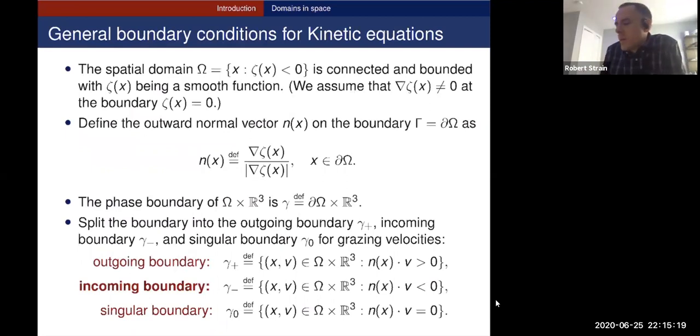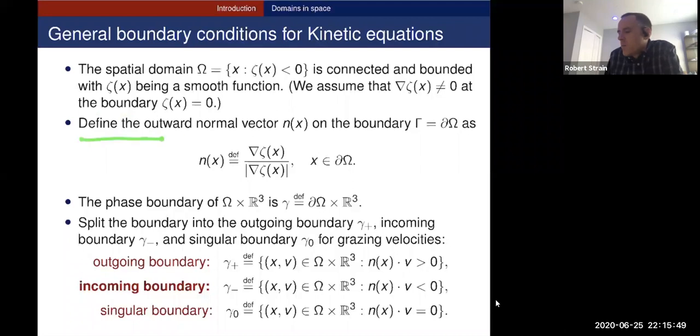So the spatial domain can be characterized as a smooth function. If you have a bounded domain, you can define it as the set of x such that zeta of x is negative. Omega is connected and bounded, zeta of x is a smooth function, and we assume that the gradient of zeta is not 0 at the boundary. So where zeta of x is 0, that defines the boundary, and the gradient is not 0 there.